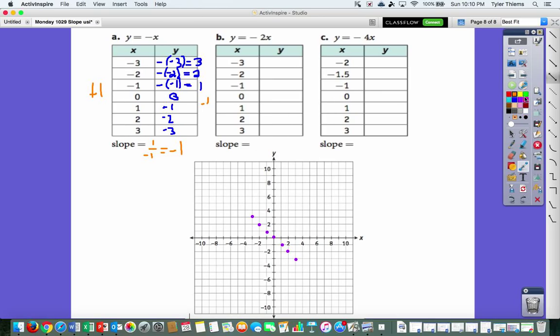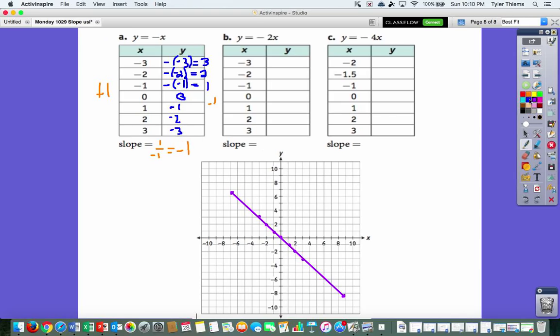Form the line, which you should see that there are more values. Your line should go right through there. Good. I'll do one more for you.